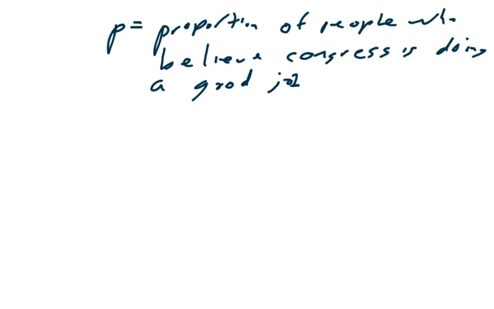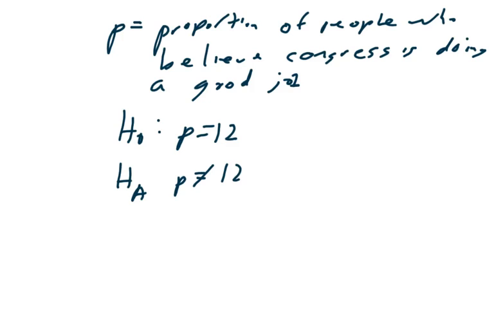And so this time the initial hypothesis is they believe 12%, and the alternate hypothesis is different, so we're going to say P is not equal to 12%. And they didn't tell us what alpha was in this problem, so I'm going to continue to make alpha equal to 0.05. That's the one that's most commonly used, and we are having a Z proportion hypothesis test.